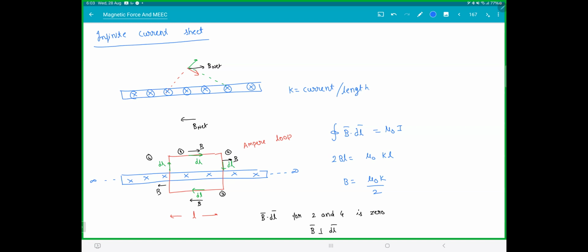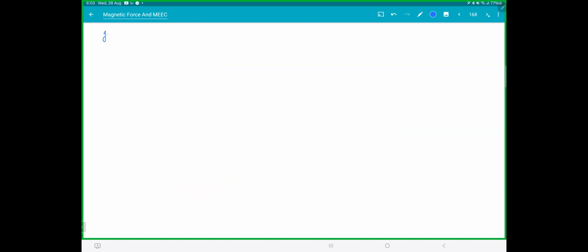There's nothing there. Next thing is infinite solenoid. We are just trying to find the results. Infinite solenoid also we derived using that finite one. But this thing gives you something more.